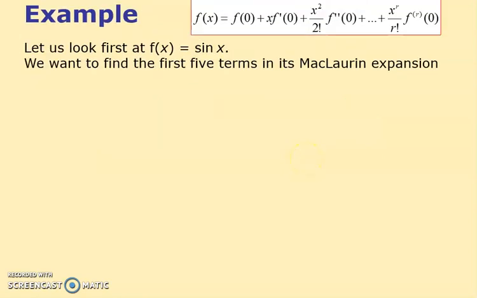So I want to use this example. It says f of x equals sine x, and that's my function. And I want to find a Maclaurin expansion for it. Now I'm going to have to differentiate it, or you can't do this unless you do the differentiations. When you do the differentiations, you just need to make note of how many times you've done it.